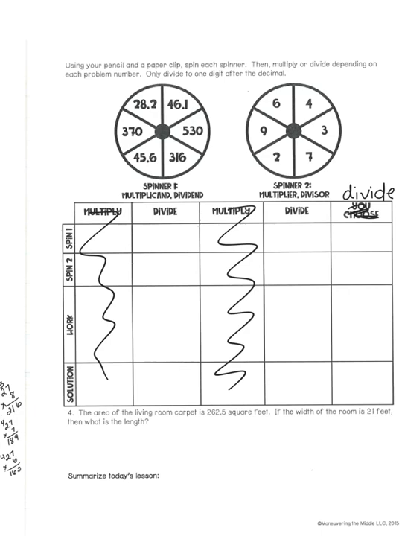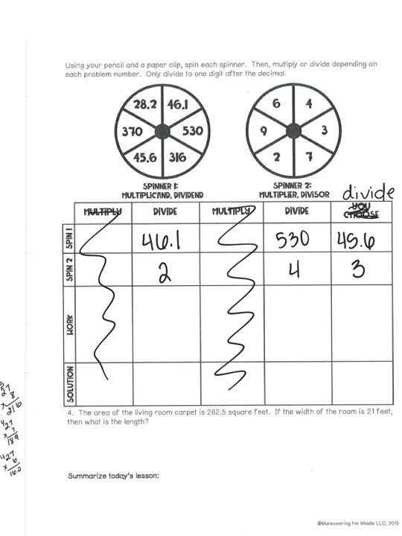You're going to divide 46.1 divided by 2, 530 divided by 4, and 45.6 divided by 3. Okay, so you guys are going to do those 3 on your own.